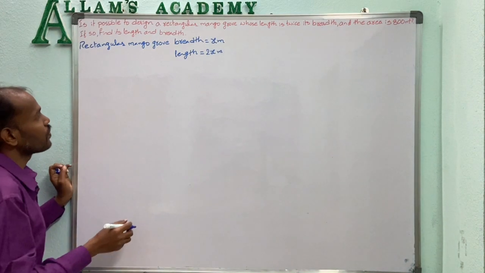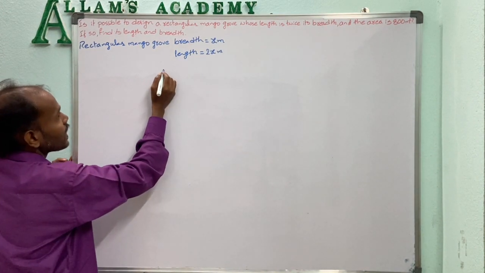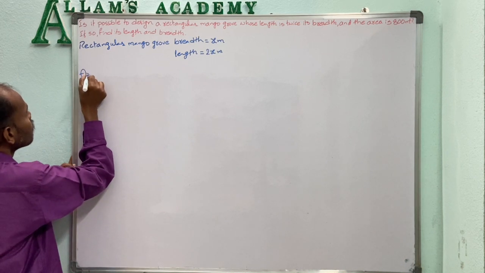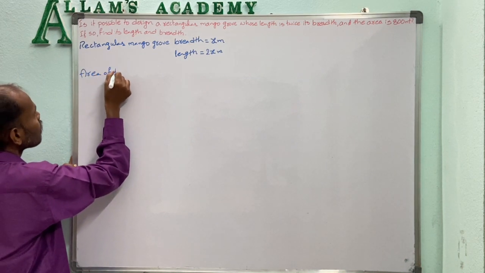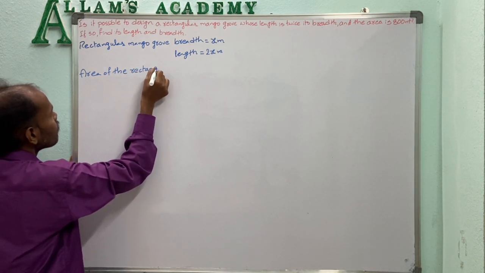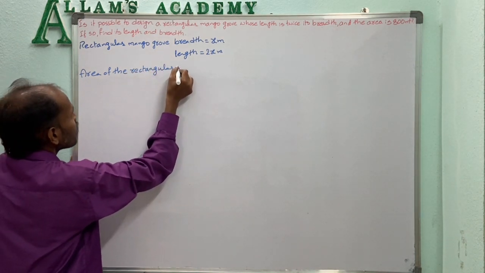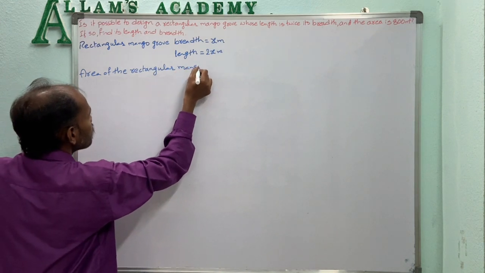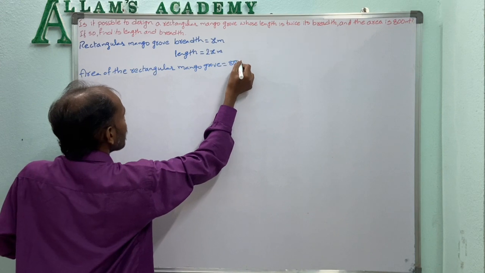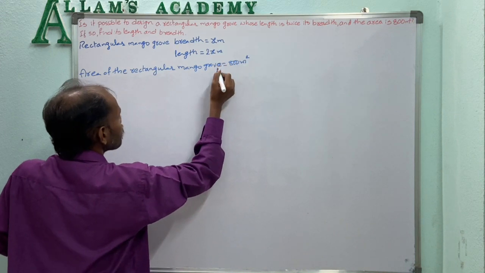Then the area of the rectangular mango grove is given as 800 meters square.